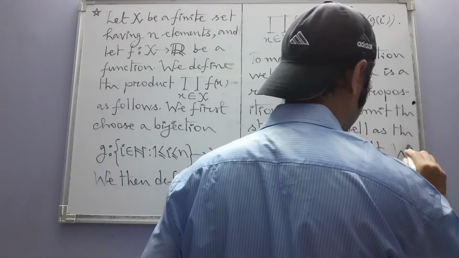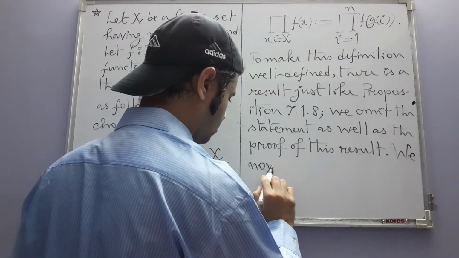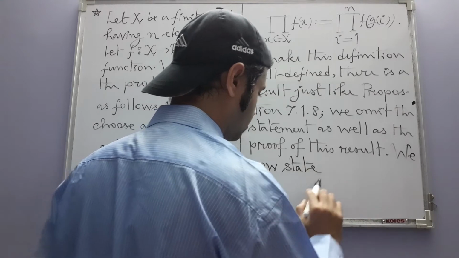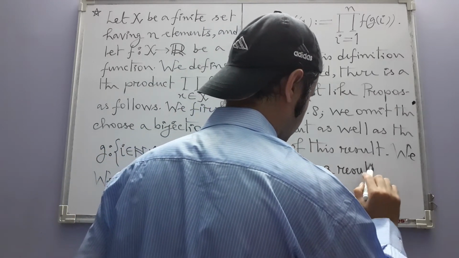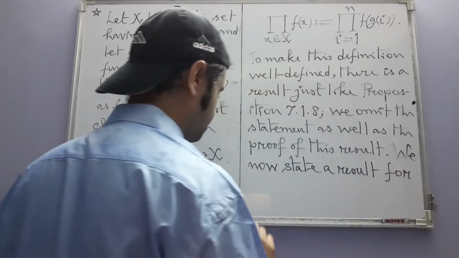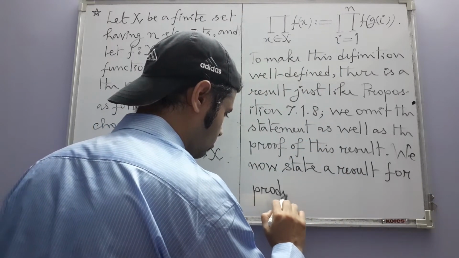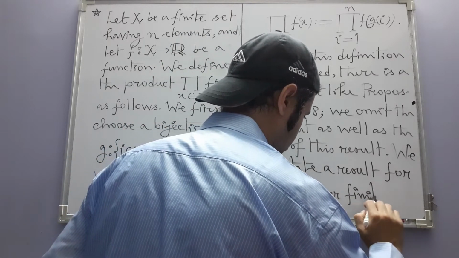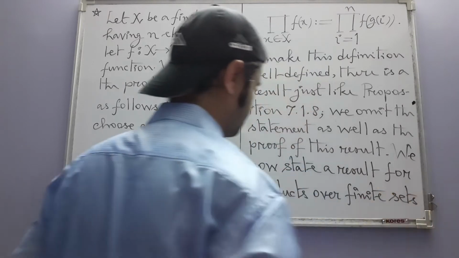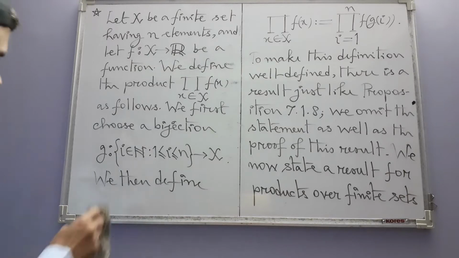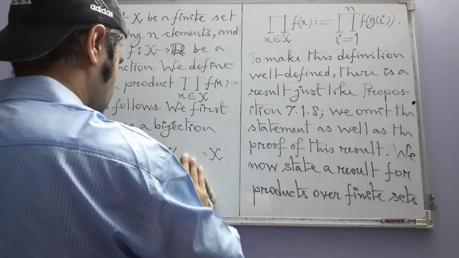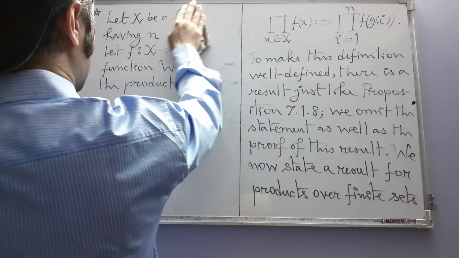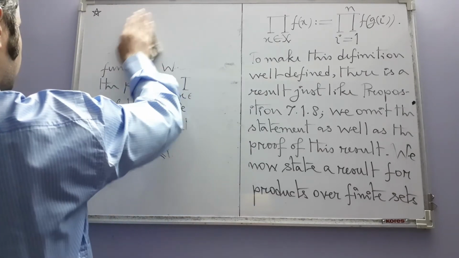We now state a result for products over finite sets corresponding to that result, which gives us basic properties of sums over finite sets.